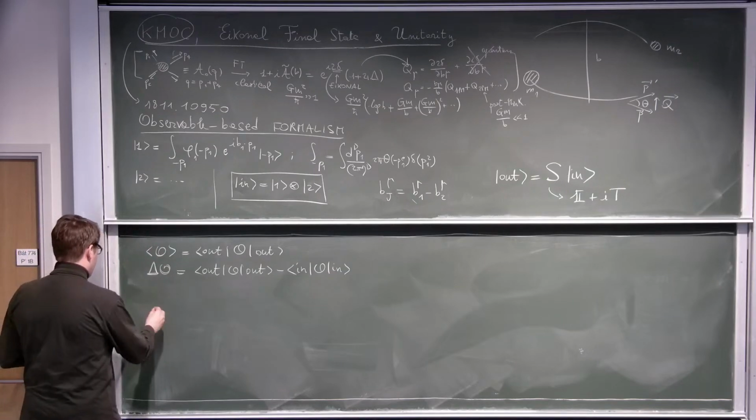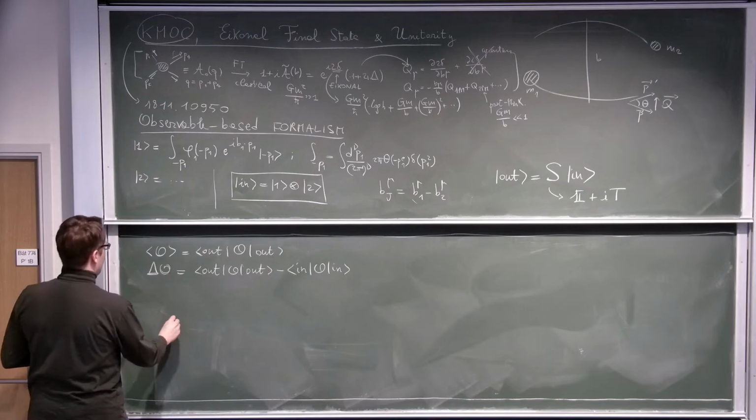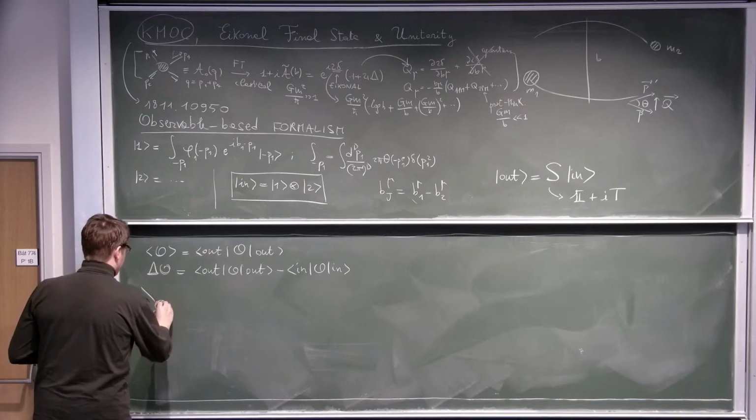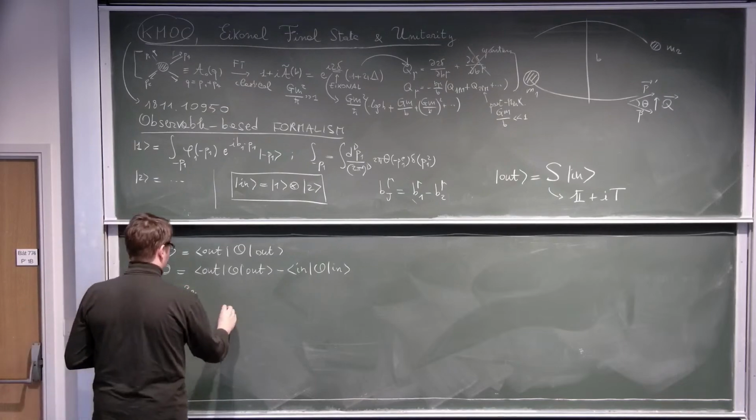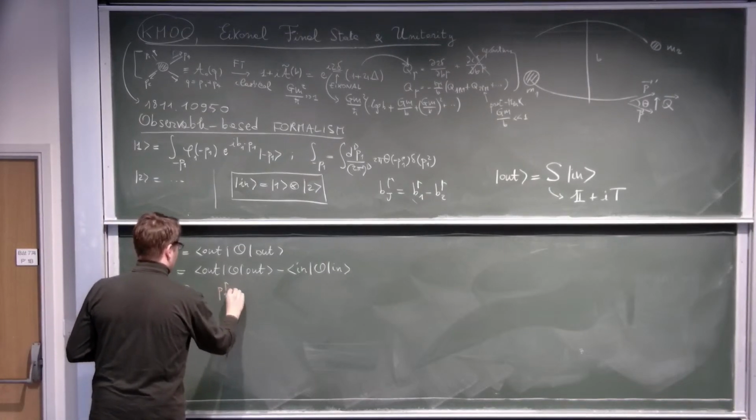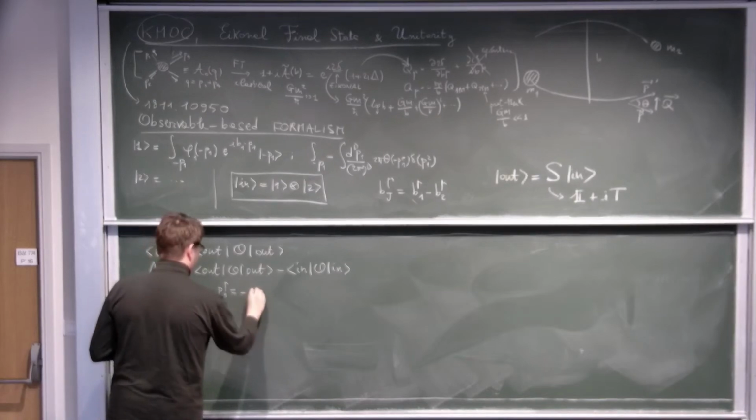Now, in order to do that, let me introduce again some convenient notation, in particular some convenient choice of initial and final momentum variables. This is a bit boring, but just to be precise.